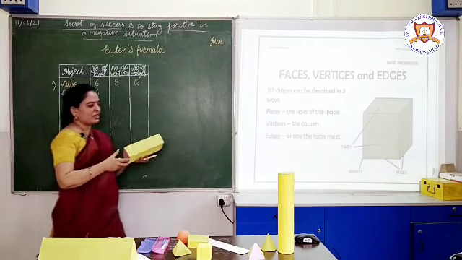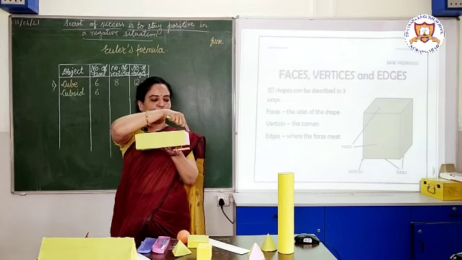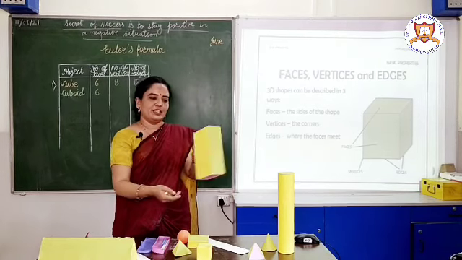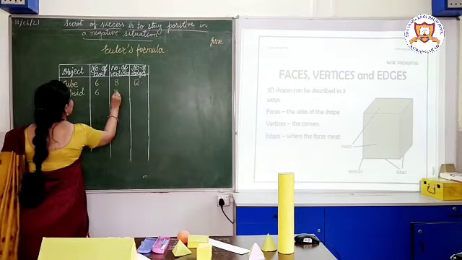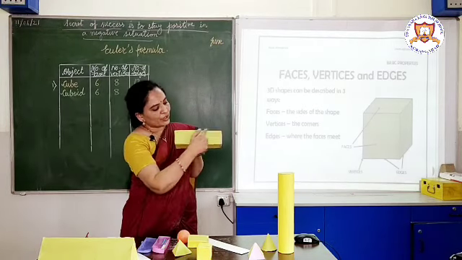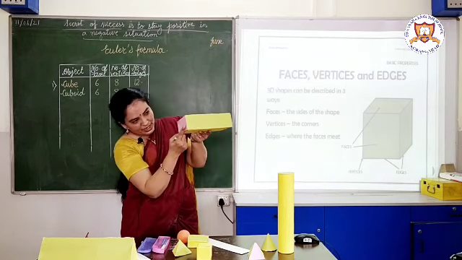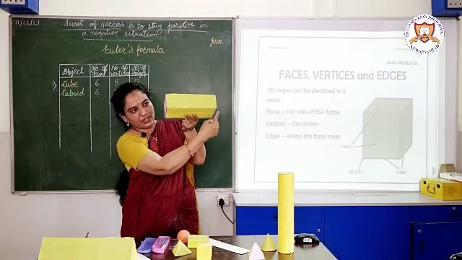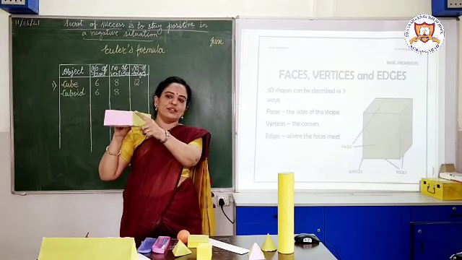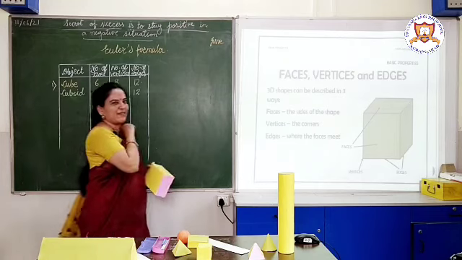Now count vertices. 1, 2, 3, 4, 5, 6, 7, 8. There are 8 vertices. Now count edges. 1, 2, 3, 4, 5, 6, 7, 8. Now height, 9, 10, 11, 12. So how many edges again? Oh, the cube and cuboid have the same, no?